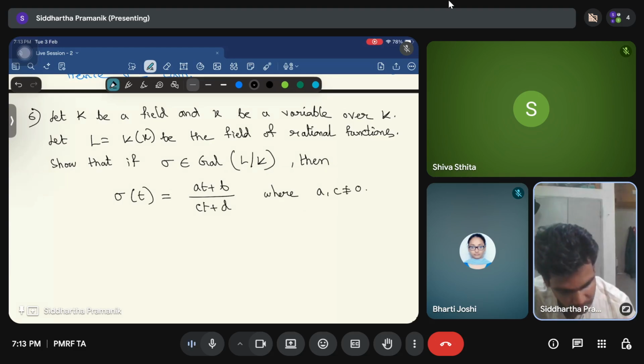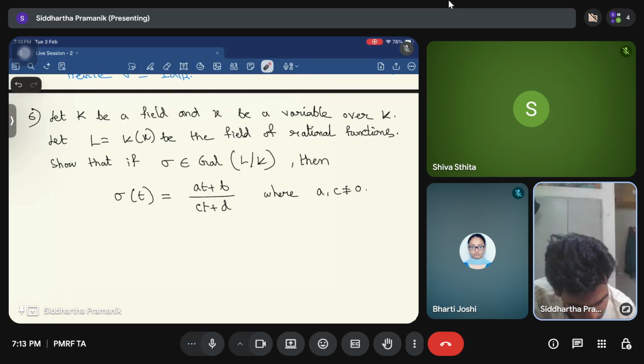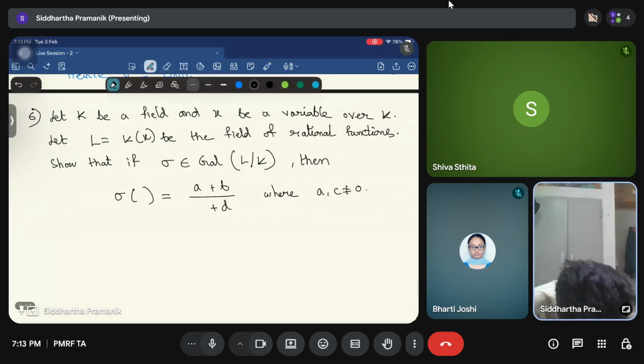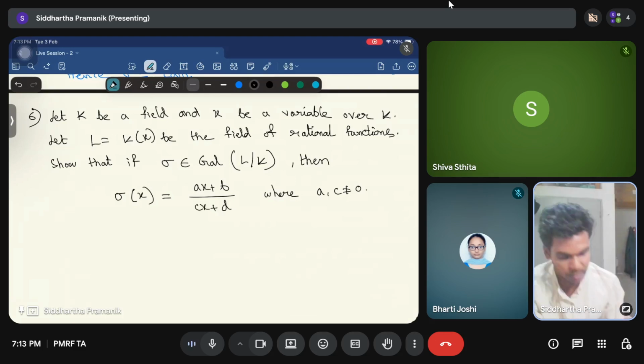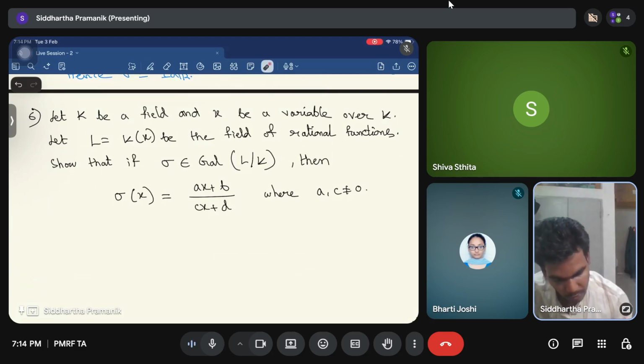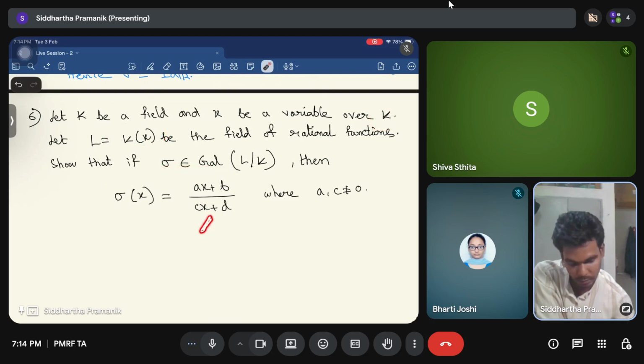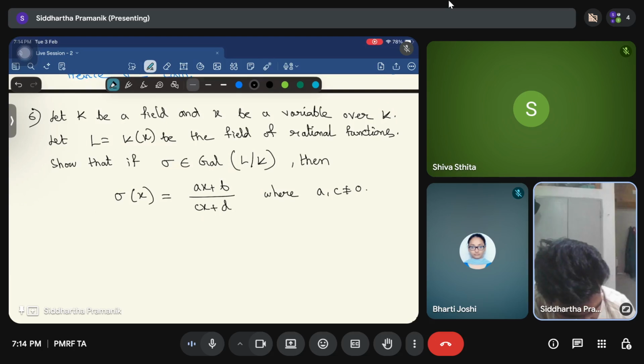So these are the only automorphisms. Sorry, not T, it has to be X. My bad. So (AX plus B) by (CX plus D). So every automorphism of the rational function field which fixes K has to be of this form. So these are called linear fractional transformations.